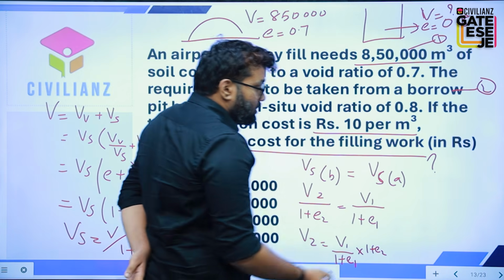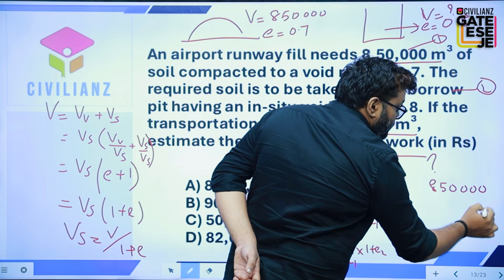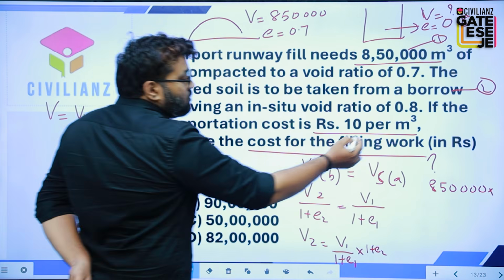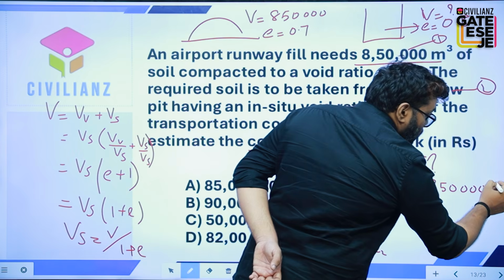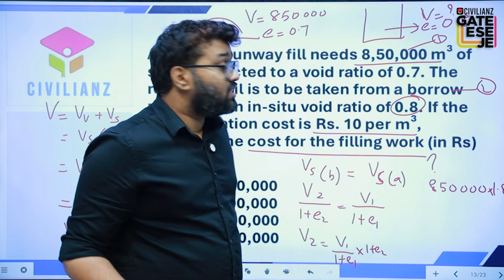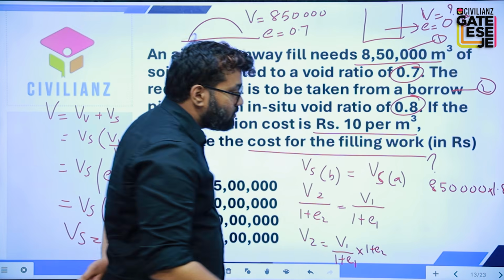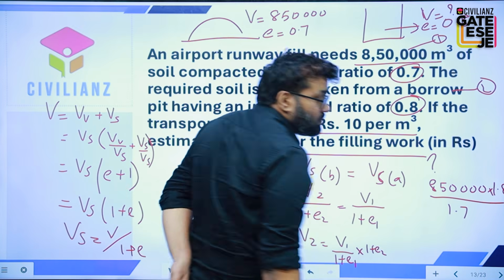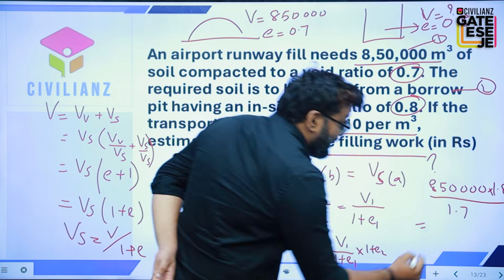Given value of V1 is equal to 8,50,000 into 1 plus e2, where e2 is equal to 0.8, so 1.8, divided by 1 plus e1, where e1 is 0.7, so 1.7. So the answer is 9 lakhs.